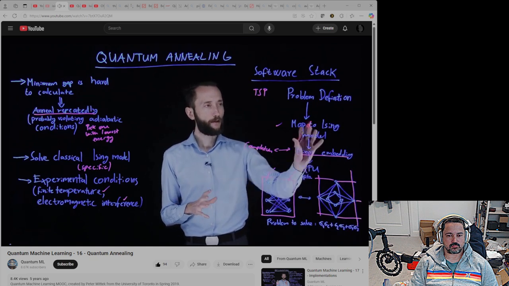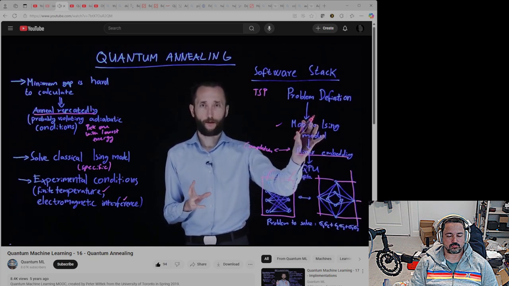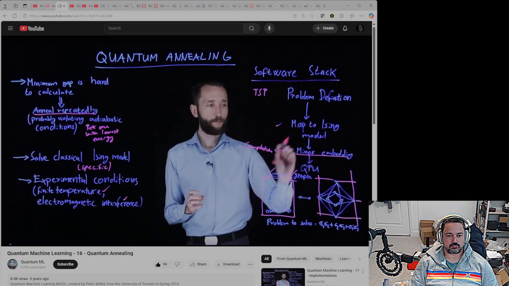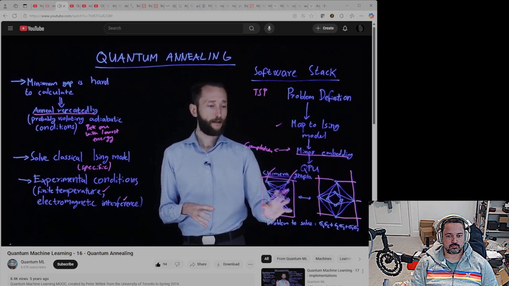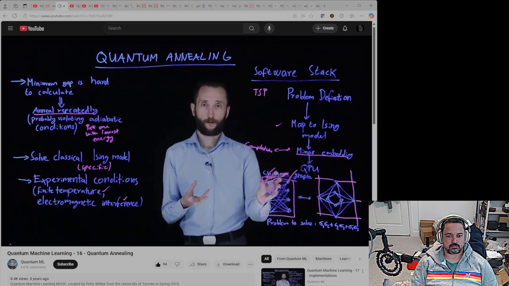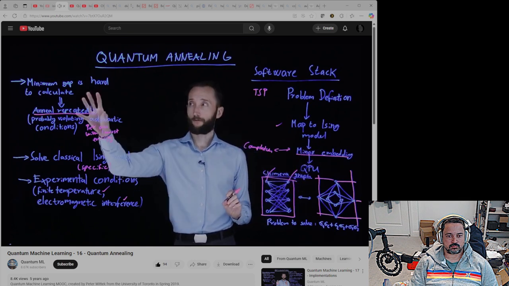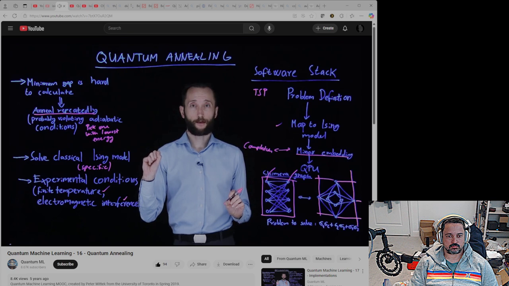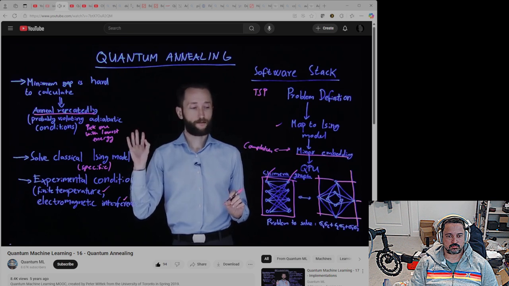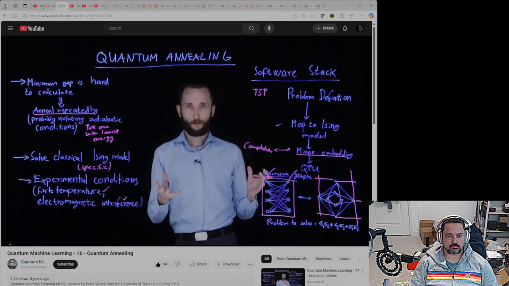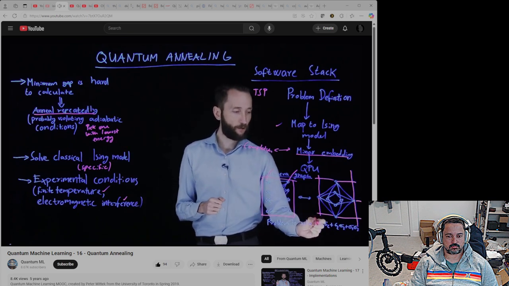So your problem has some intrinsic connectivity structure, and then this graph minor embedding is what embeds it in what the hardware actually provides. And then you can map it to the QPU and run your annealing over and over again in just a couple of milliseconds. So to be more specific, imagine that you have this problem.